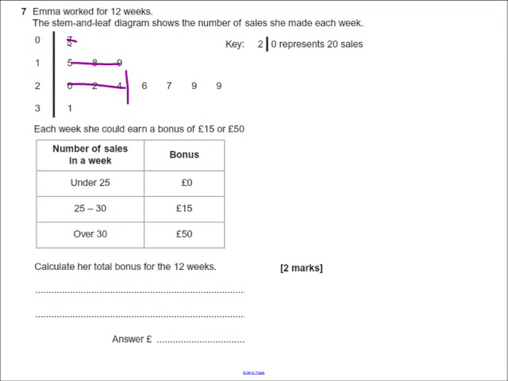So between 25 and 30 she gets £15. So here we've got 26, 27, 29 and 29. So she had 4 weeks at a £15 bonus. And then she had 1 week where she had 31 sales, so she had 1 week at £50 bonus.